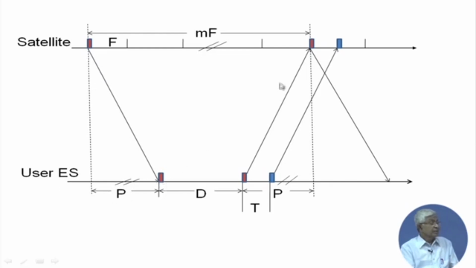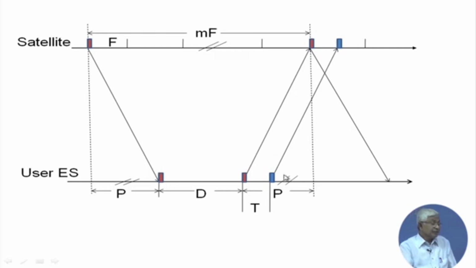From the reference burst at the satellite, it is already allotted that this particular user station, after so much time, has to reach. Now, since the propagation delay has to be brought into the picture, you have to find out, from the reception of the reference burst, after how much time you should transmit.